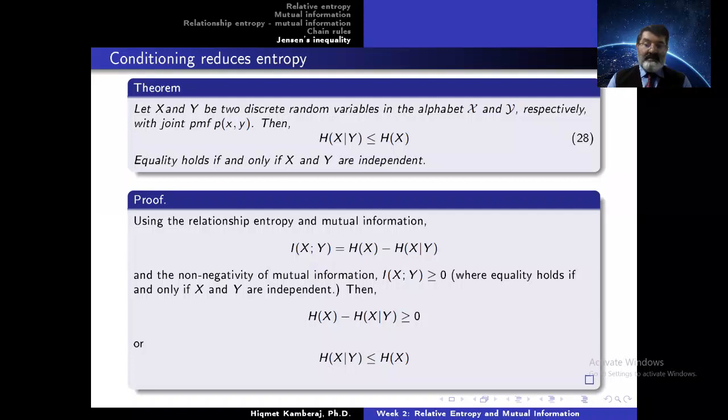Then we arrive at H of x minus H of x given y being greater or equal to 0. From here, H of x given y is less or equal to H of x. Right? And equality holds if and only if x and y are independent, which we just showed in the second paragraph.